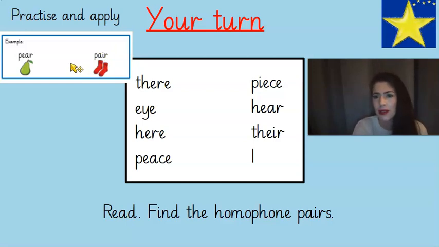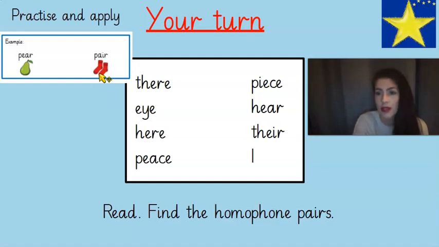But they don't mean the same, and the only way I know which one is which is because they also don't look the same. They're not spelled the same. So I've got pear, P-E-A-R, pear. That's a pear that I eat. And I also have pear, P-E, as in a pair of socks or a pair of shoes.